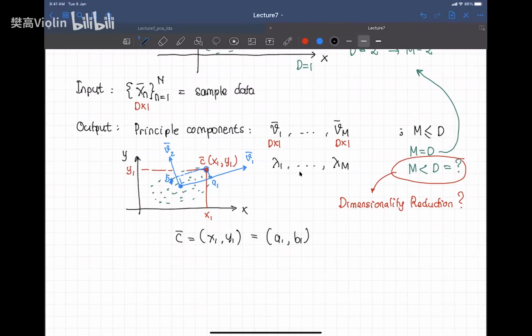If you look at V1 for point C, we can reduce it into only A1. A1 is not really the same as C, but it's very close. It's an approximation of C. So from 2D, now you reduce it into 1D. If you know the principal components, you can have this approximation.